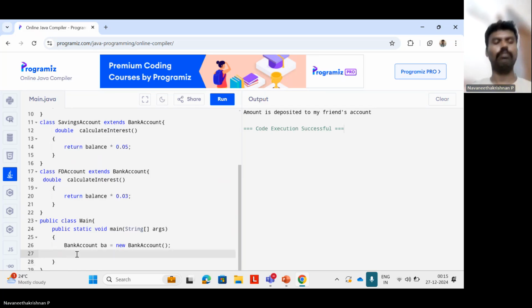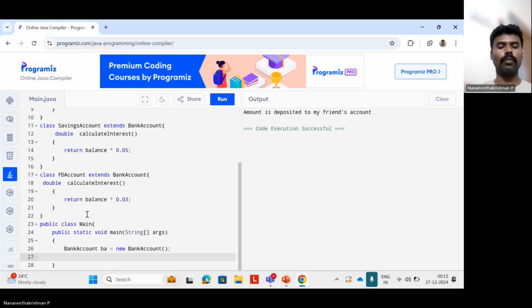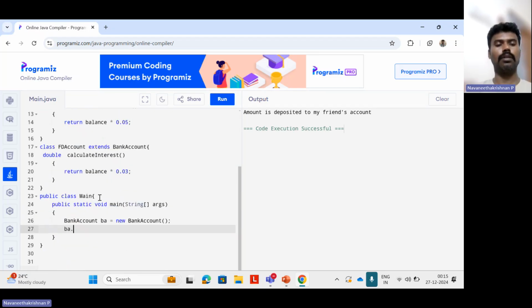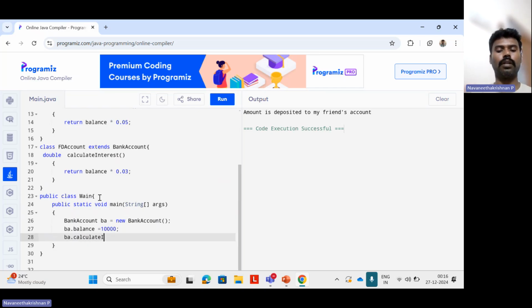We have a balance value, so you get the balance. Say the balance is 10,000 rupees. Now I call calculate interest and print this.